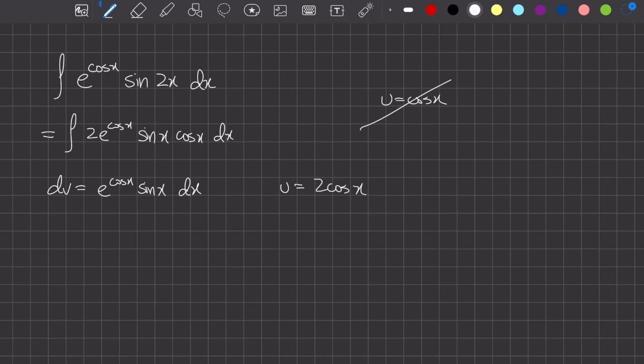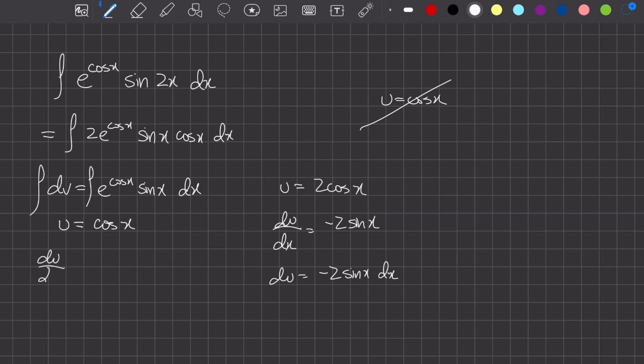Very well, let's give it a go. du over dx will equal negative 2 sine x. Therefore, du equals negative 2 sine x dx. Now, to integrate dv, we need to use u substitution and choose u as cos x, since it is in the exponent. Then du over dx is negative sine x, and dx is negative du over sine x.